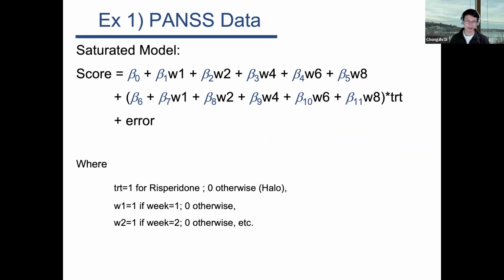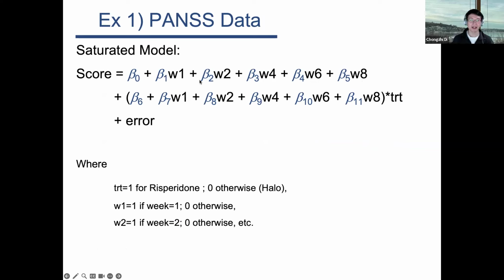And then of course, you could also have a so-called saturated model in this case, because the time points are really baseline, week 1, 2, 4, 6, or 8. If you really want it to be flexible, you can create a lot of dummy variables, right? So you allow the effects from baseline.